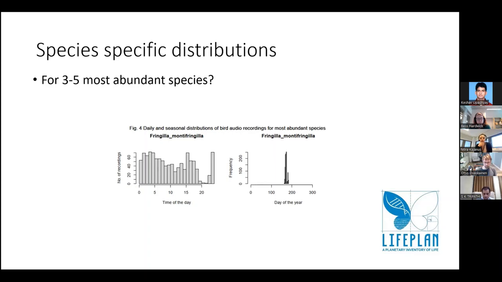And on the right-hand side, you can see how these observations are distributed over the day of the year. And for example, this indicates that it's a migrating bird because it's only been observed during the summertime in Finland. So it would be easy to do, for example, 5 species, but I wouldn't go above that because then the figures get too much.